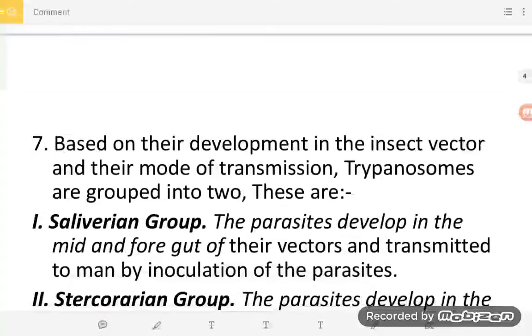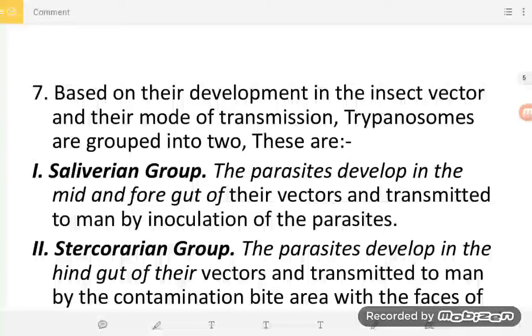Then, based on their development in the insect vector and their mode of transmission, trypanosomes are grouped into two. So when we consider the vectors and the mode of transmission, Trypanosoma species divide into two groups.